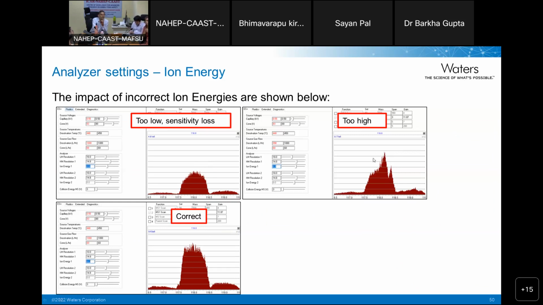So there could be some issue related to reproducibility if your ion energies are very high. Now, whatever values you get in the calibration, you need to put in your method. Suppose this value was obtained in your last calibration, you need to put in that value. Right?